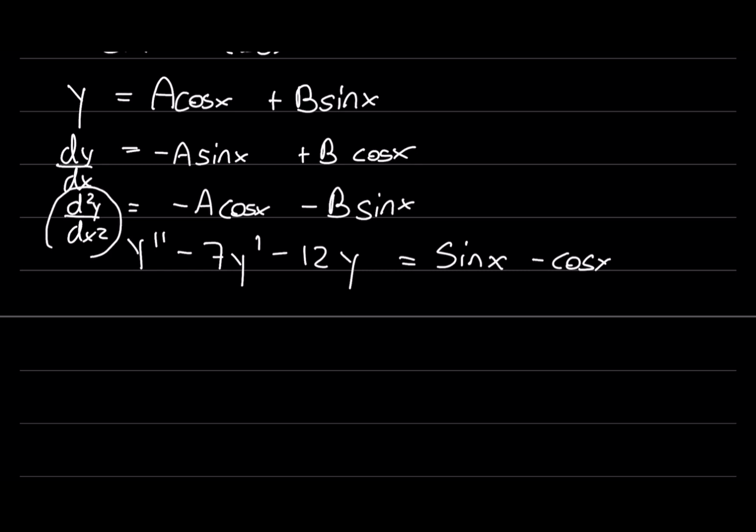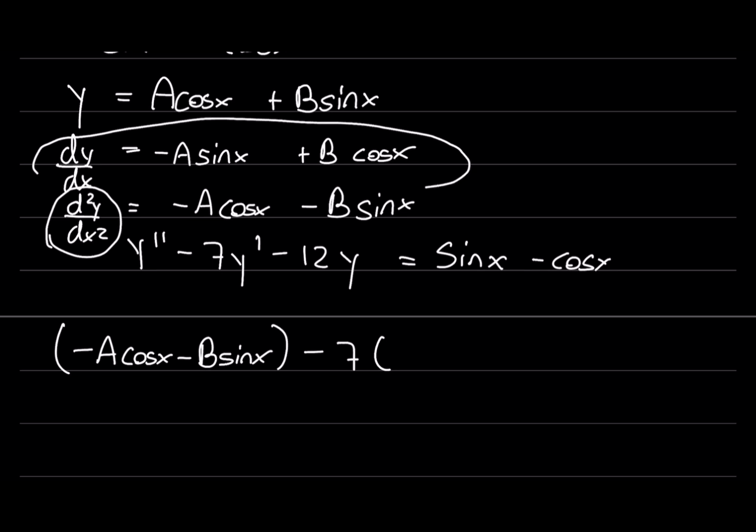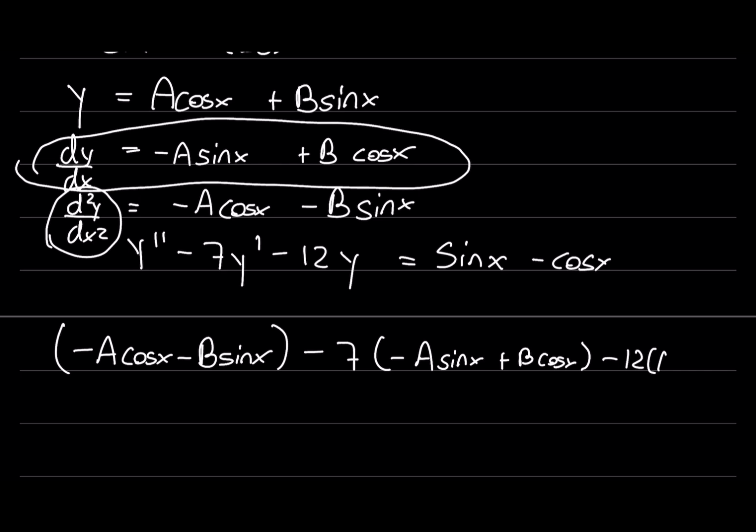So our d squared y by dx squared is going to be negative a cos x minus b sine x. And then we're going to have minus 7 times the first derivative, which is negative a sine x plus b cos x, and then minus 12 times y, which is a cos x plus b sine x.